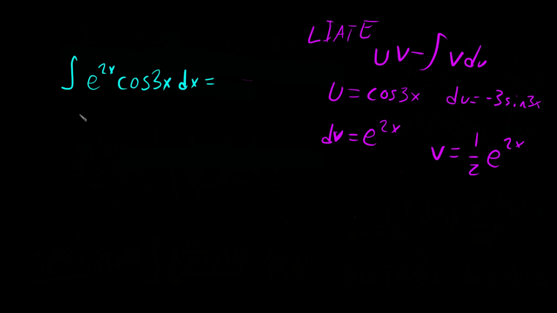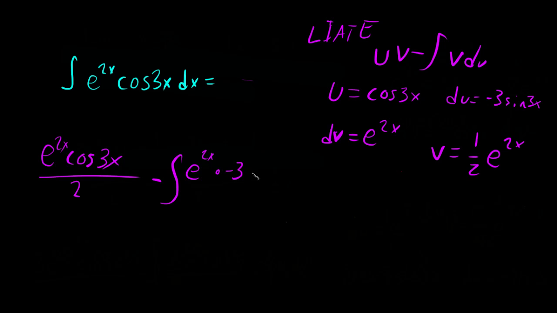So u times v is e to the 2x cosine 3x over 2, minus integral of v, which is e to the 2x over 2, times du, which is negative 3 sine 3x.